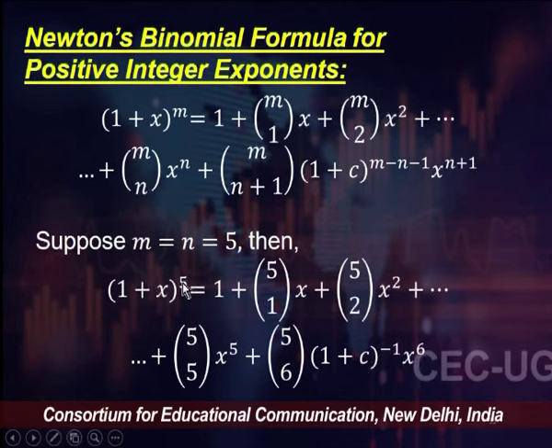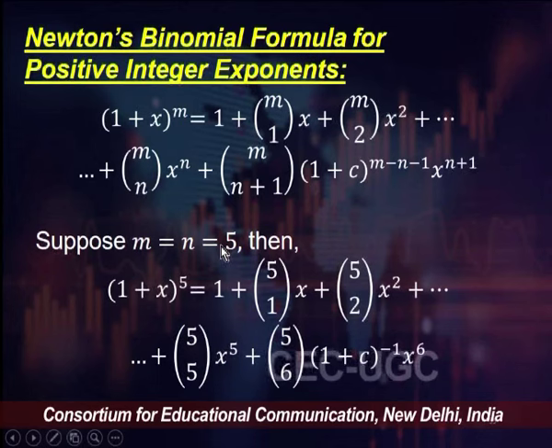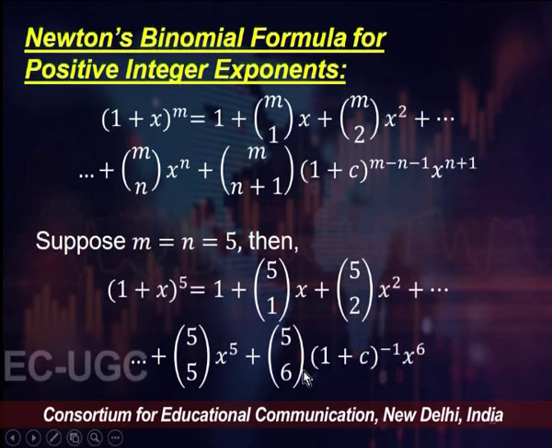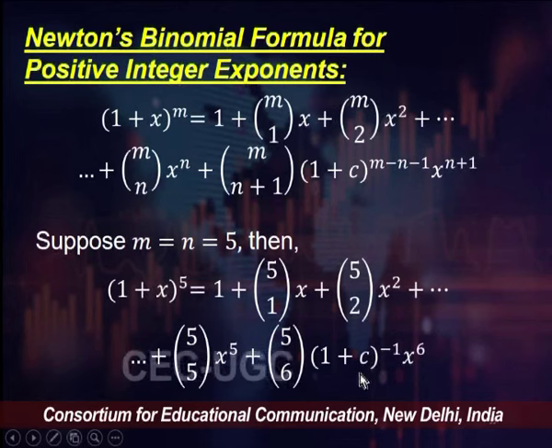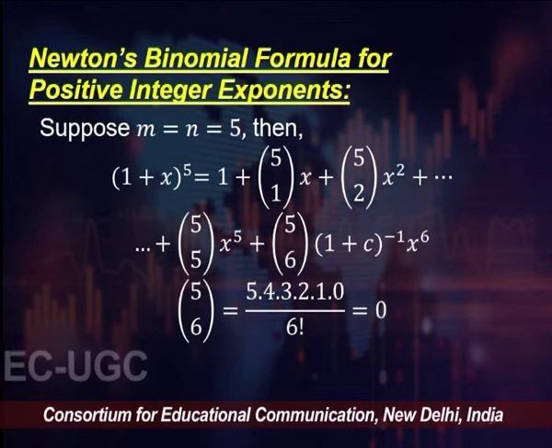If m is 5, basically my function is 1 plus x to the power 5, and because I am taking the order of the approximation as 5, I will go up till 5c5 x to the power 5, right? And then I will get 5c6 1 plus c to the power minus 1 times x to the power 6. Okay. The question is, what is this 5c6?